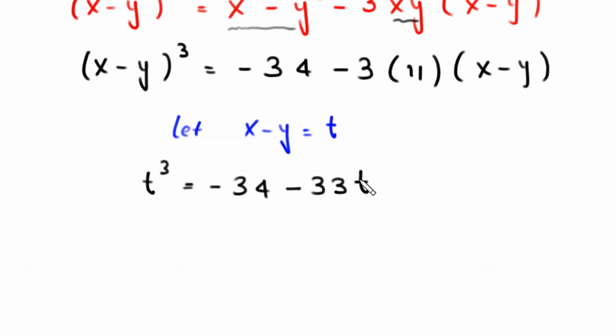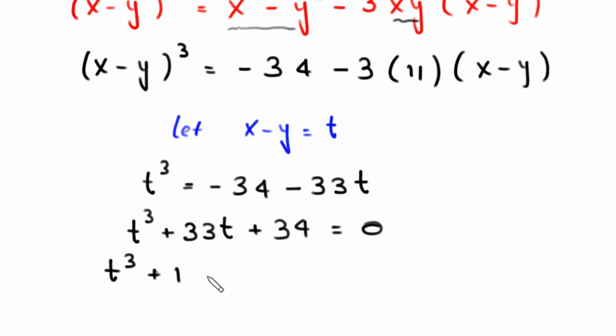Move these two terms to the left hand side, then the equation will become t cubed plus 33 times t plus 34 equal to 0. You can rewrite this equation as t cubed plus 1 plus 33 times t plus 33 equal to 0.